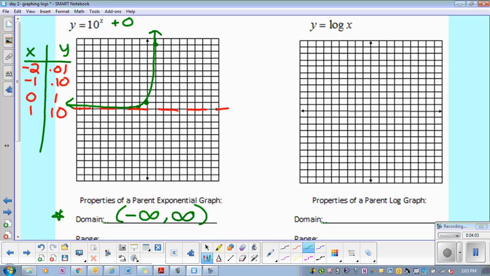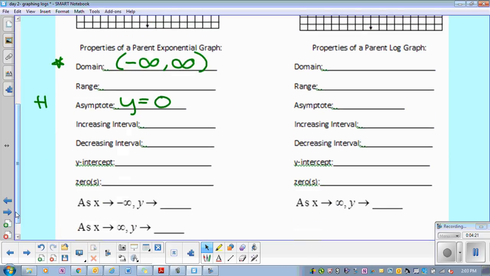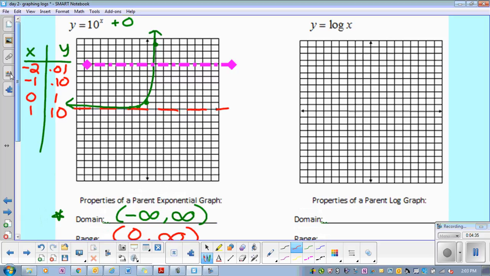So tell me something. What is the range? 0 to infinity. Good. Is that crooked? That's a little crooked. No, it's not. Yeah, it starts at 0, and then your graph goes all the way up to infinity. So the range is 0 to infinity. Now, does it have an increasing or a decreasing interval? Let's take a look.